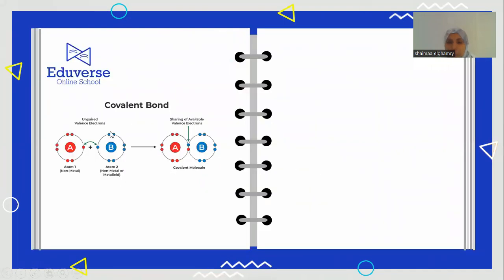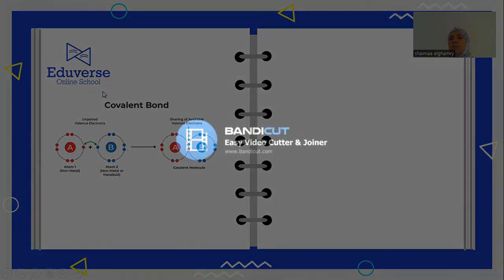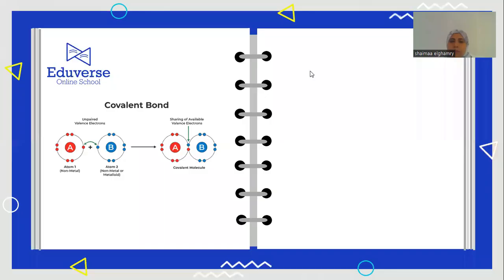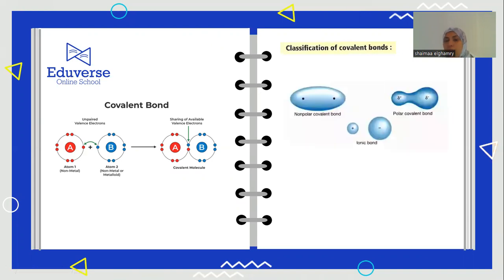The covalent bond. For covalent bond, we have three types: pure covalent bond, non-polar covalent bond, and polar covalent bond.